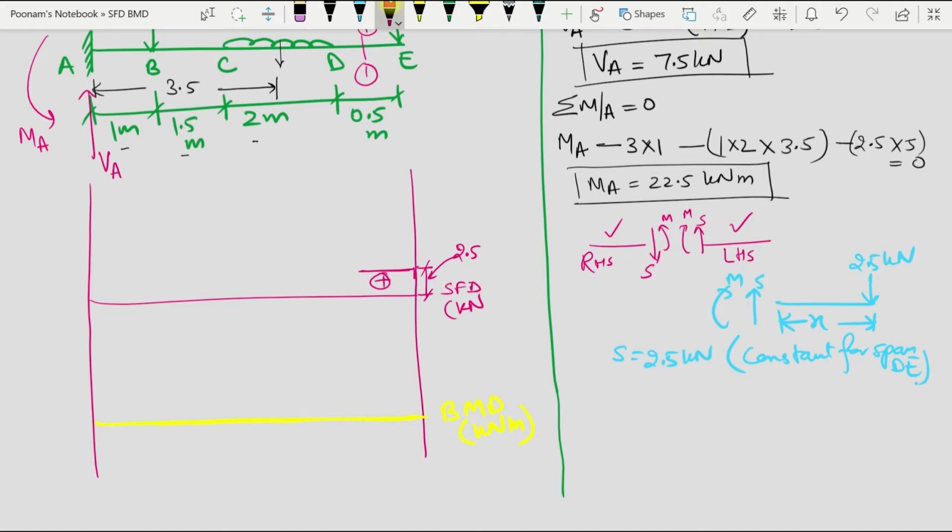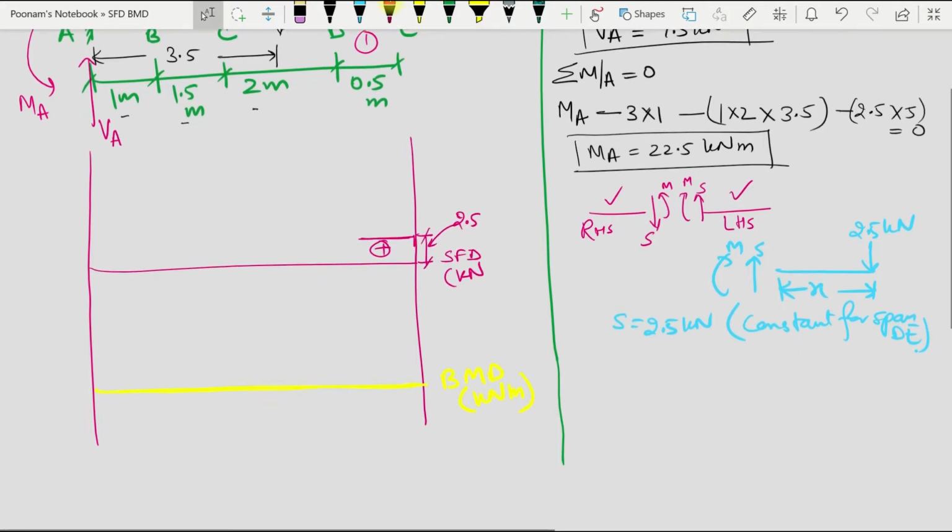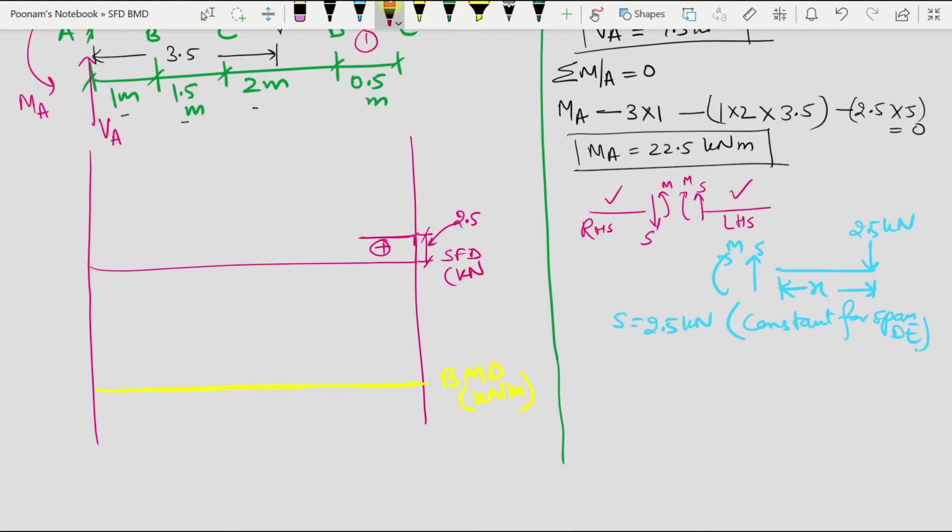So for the same span, if I take moment about point, let us say this is point X, then moment, and this is anti-clockwise, which is to be taken positive. So 2.5 will also generate same moment. So M plus 2.5 into x is equal to 0. It will give me M is equal to minus 2.5x.